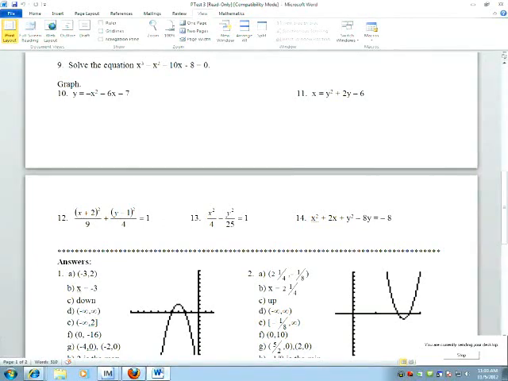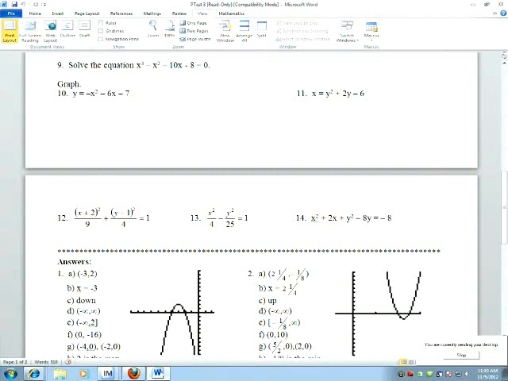It's y equals x squared, so it's concave down. Number 11. What about number 11? What shape is it? Parabola that opens, it's x equals y squared instead of y equals x squared. So it opens to the right.